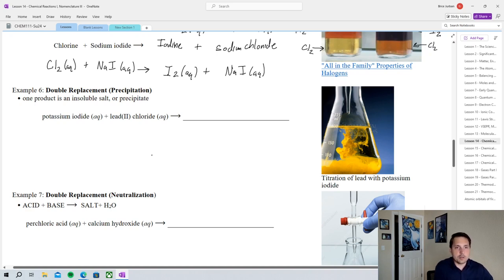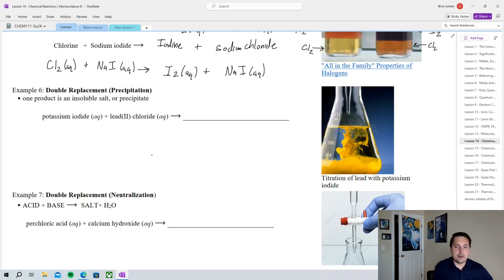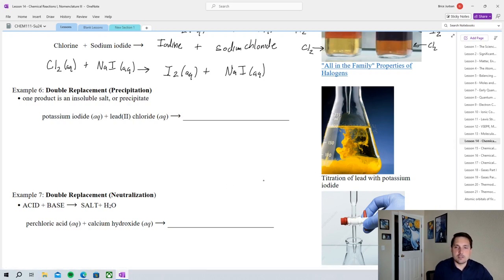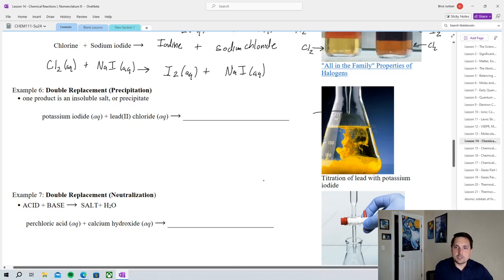So for a double replacement where we have an insoluble compound that comes out, we call this a precipitation reaction. We can see an example of this here on the right. I have potassium iodide, which is in this burette. You can't see the burette, just the tip of it.